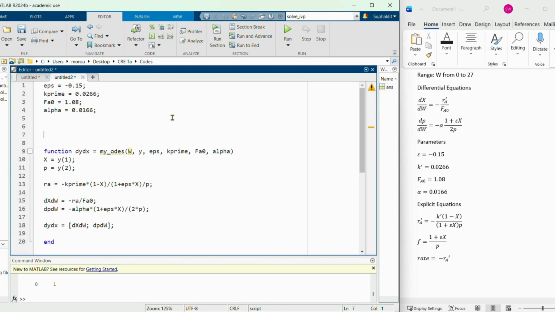So now to solve our ODEs, we're going to define the initial conditions, which is, of course, we know that X starts from 0, and p should start from 1 because p is equal to p naught.